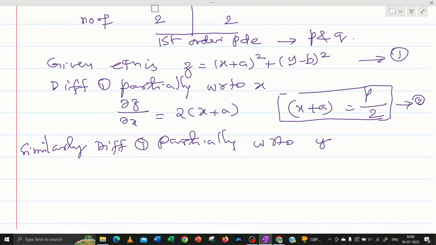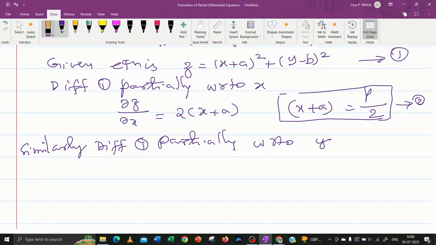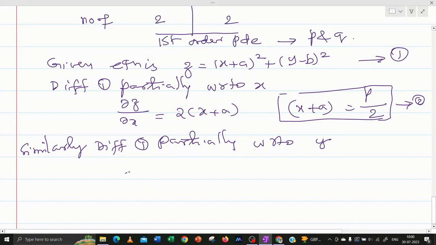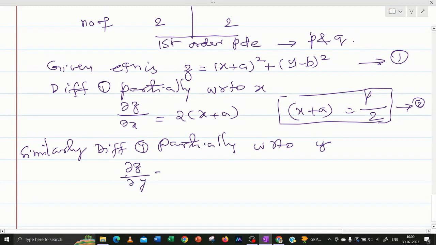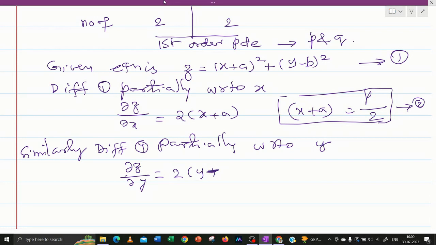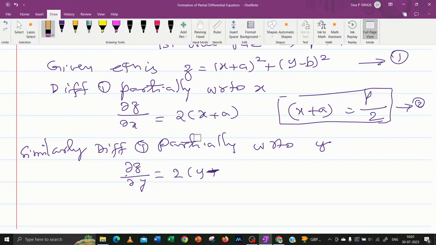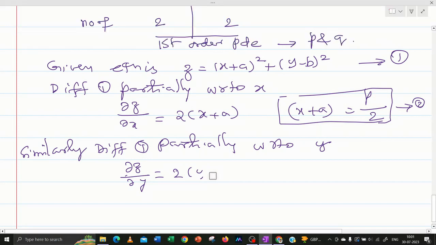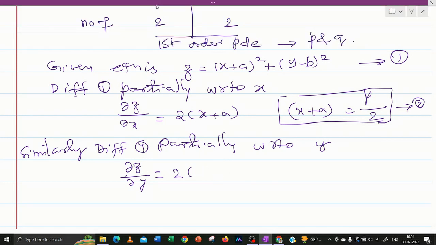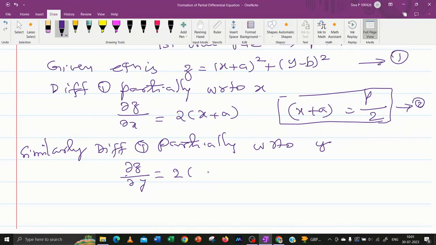If we differentiate with respect to y, we will get q equal to, that means dou z by dou y equal to 2 into (y minus b).